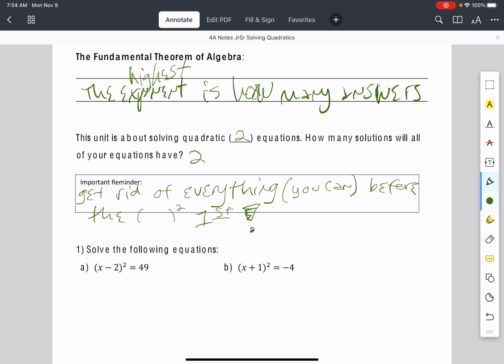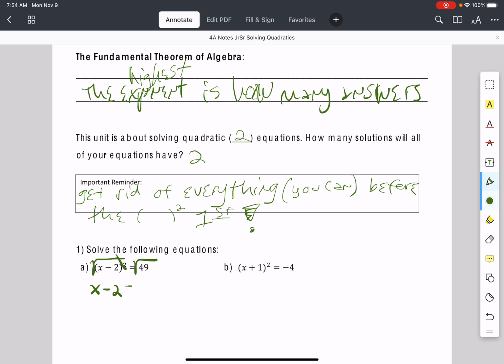So if I'm doing my important reminder, get rid of everything you can before the squared, I've already done that in this one. So I'm ready to square root right now. Everybody good? All right. So then we're going to square root both sides to get rid of the squared.